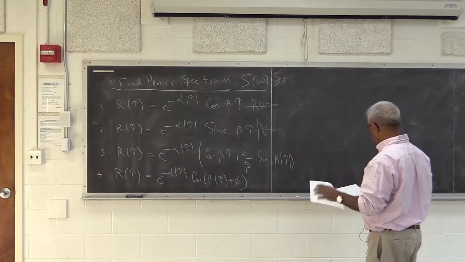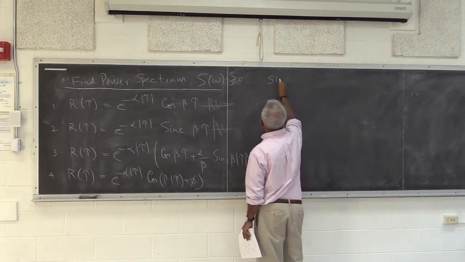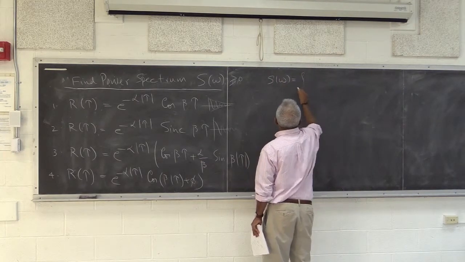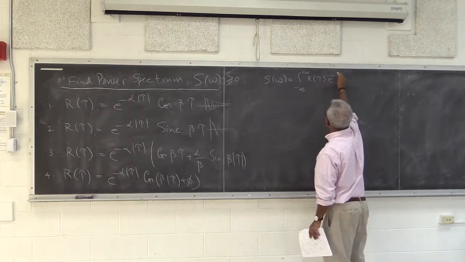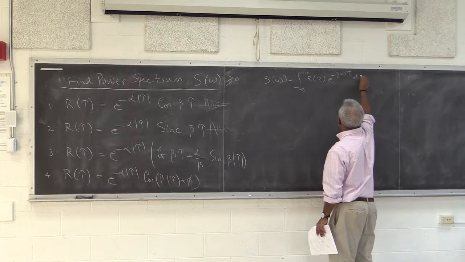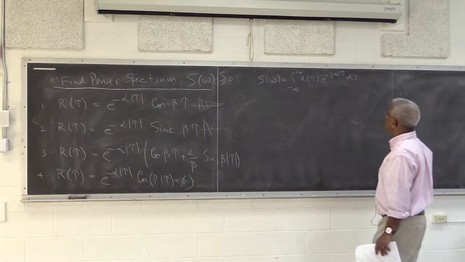Let me start by saying the Fourier transform of an autocorrelation function, or the Fourier transform of any function, is S of omega equals the integral of r of tau e raised to minus j omega tau d tau.